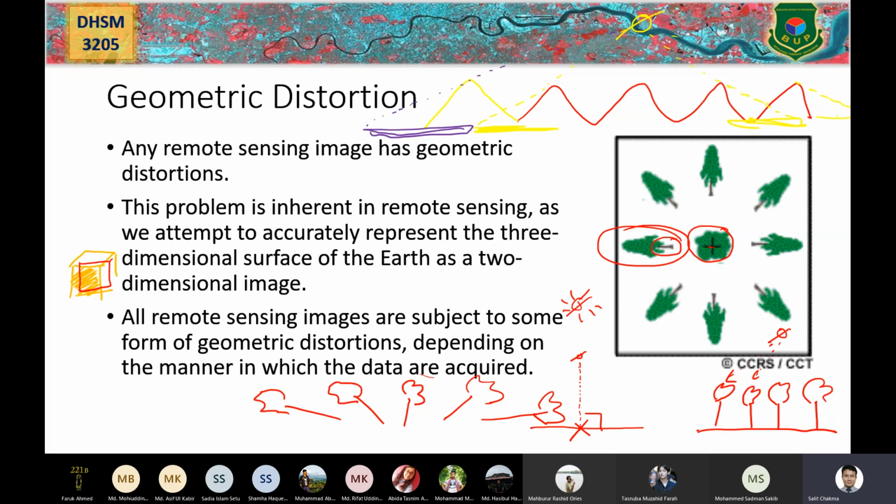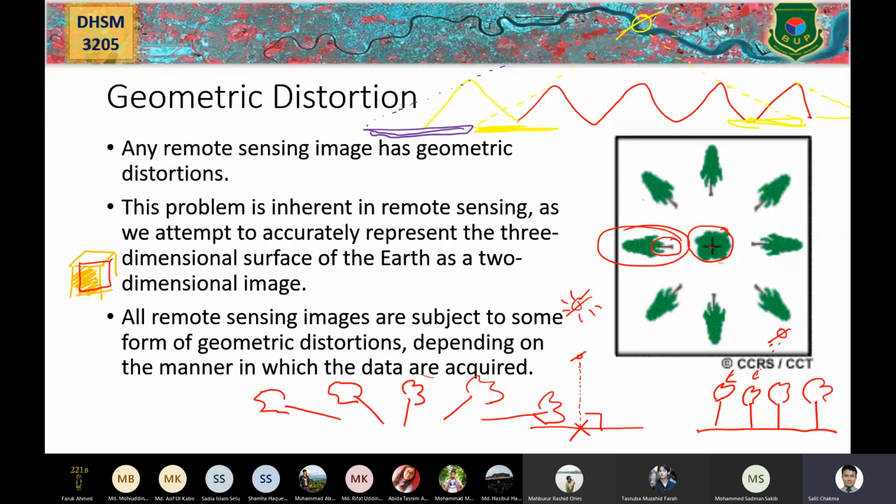For example, if you look into Landsat, you will find that it's capturing Dhaka as well as Mymensingh. So just imagine how big an area it's capturing. It's almost, I don't know, 250 by 250 kilometers.